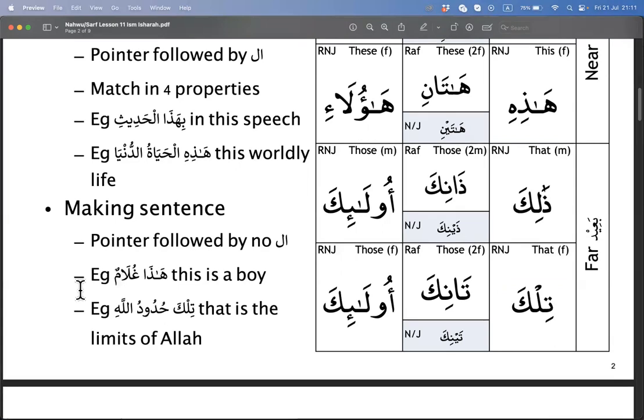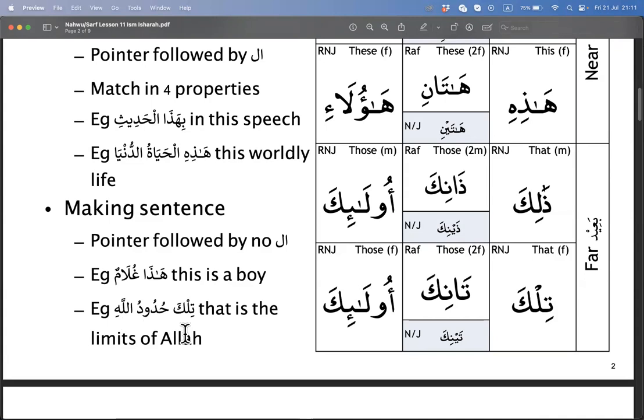Same thing here. Tilka hududullah. So tilka is followed by no alif lam. So that is the limits of Allah. Question. Tilka, can you give me the four properties of tilka?